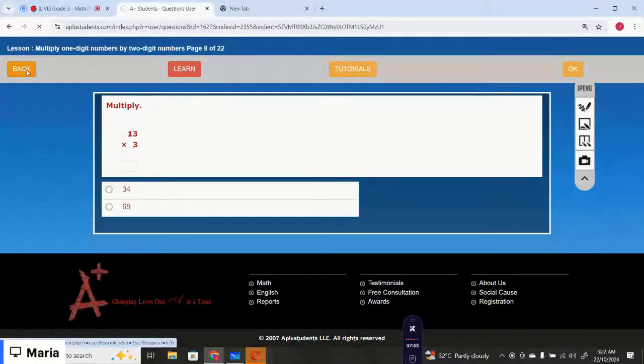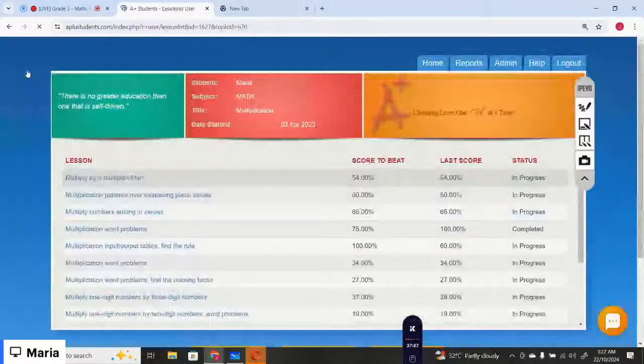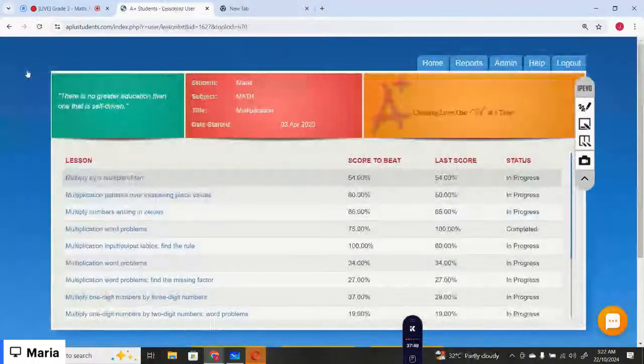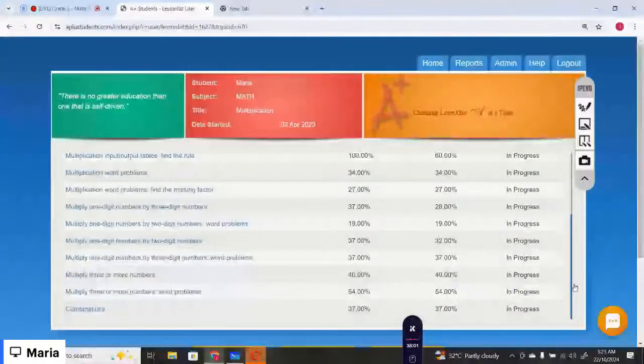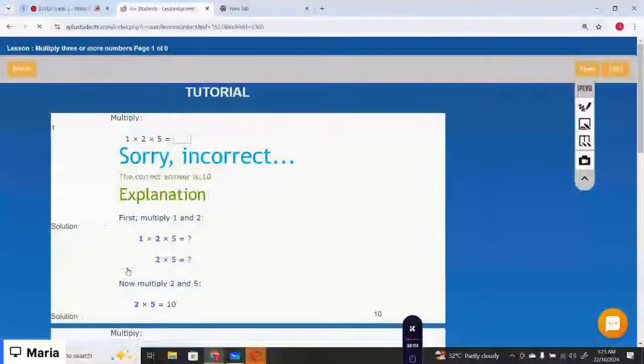The next lesson is multiply three or more numbers. Okay, so now we're going to learn when you are given more than two numbers, how do we multiply them, right?